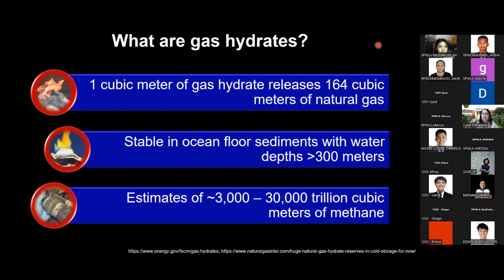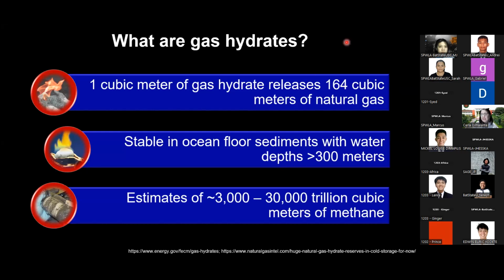So with just a small amount, you are able to extract a significant amount of natural gas that can be used as an energy resource. It's typically stable in ocean floor sediments at shallow depths, particularly in permafrost regions, but they typically also occur at depths greater than 300 meters.